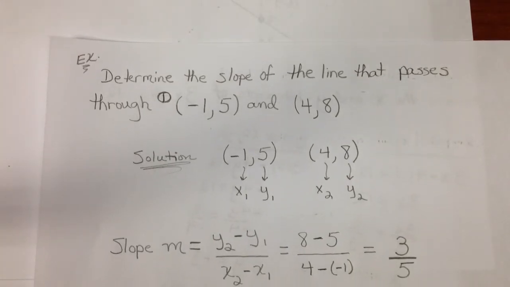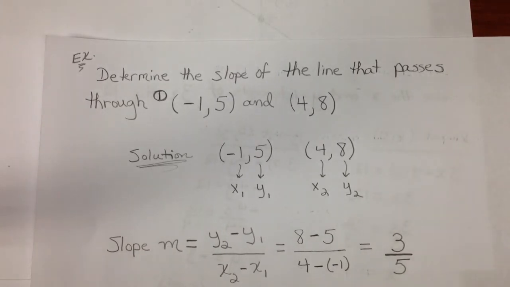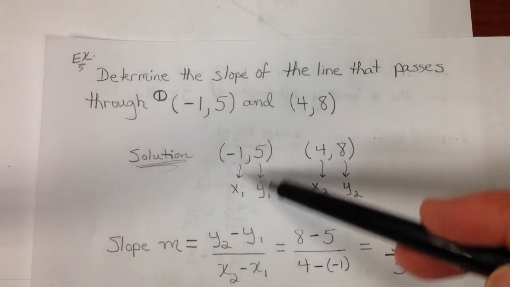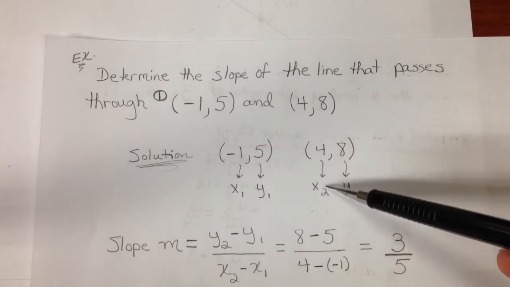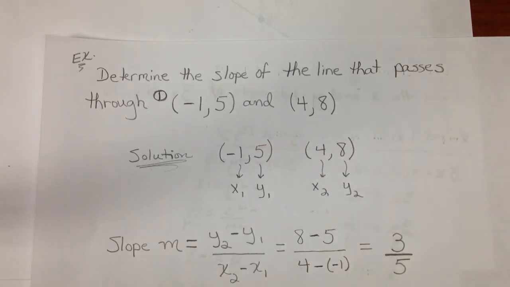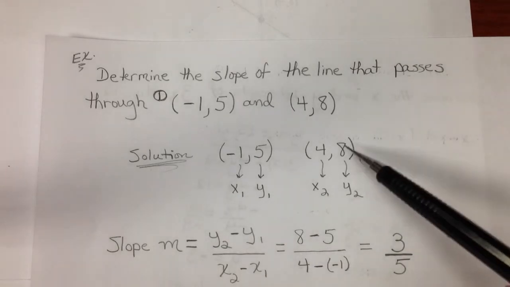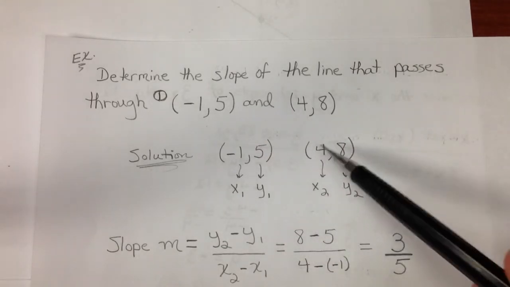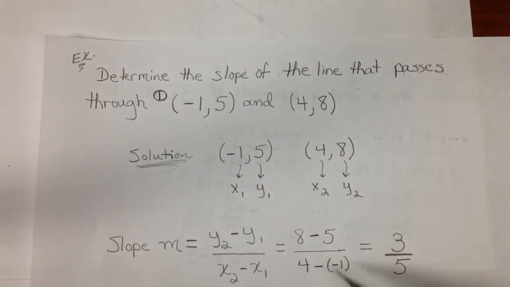In the case of the slope, x1 is -1, y1 is 5, x2 is 4, y2 is 8. Utilizing our slope formula, we have y2 minus y1, which is 8 minus 5, over x2 minus x1, which is 4 minus -1. 8 minus 5 is 3, and 4 minus -1 changes to 4 plus 1, which is 5. So the slope is a non-integer value, 3/5.